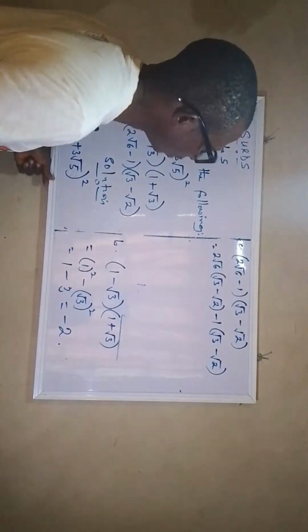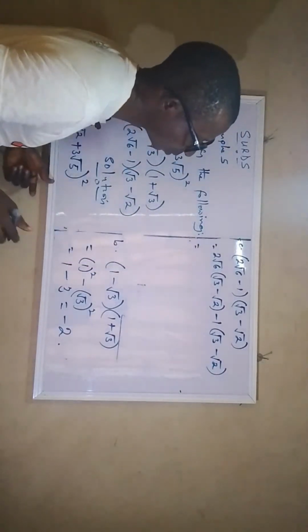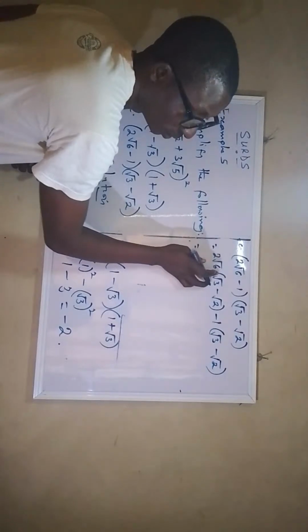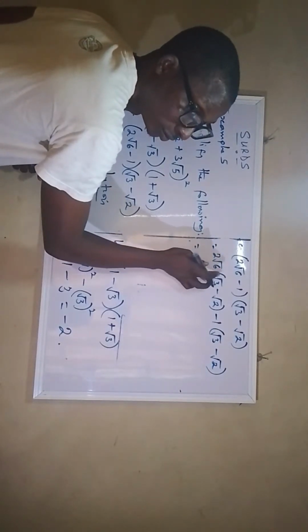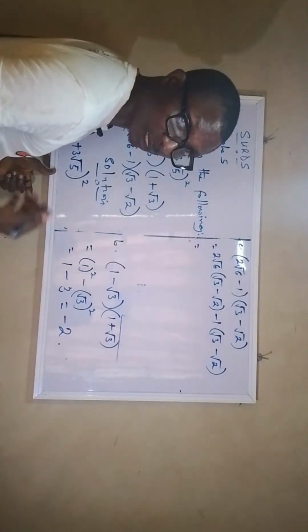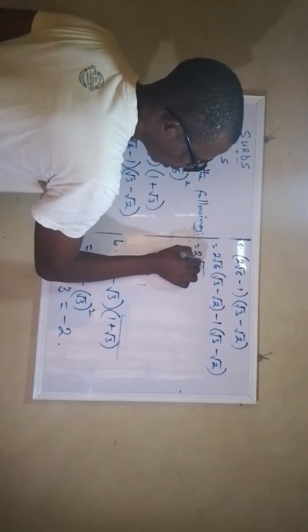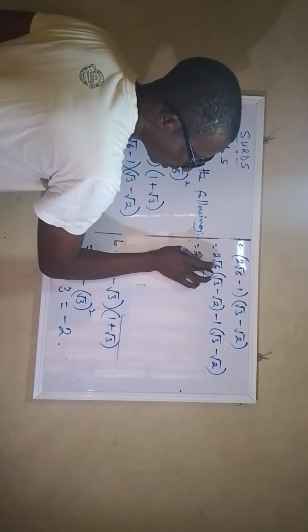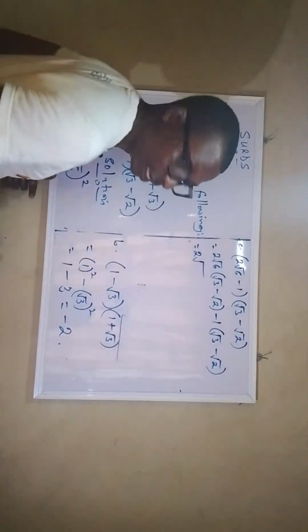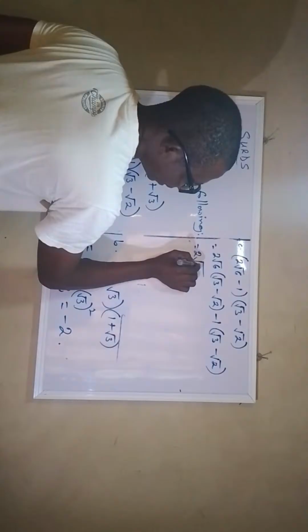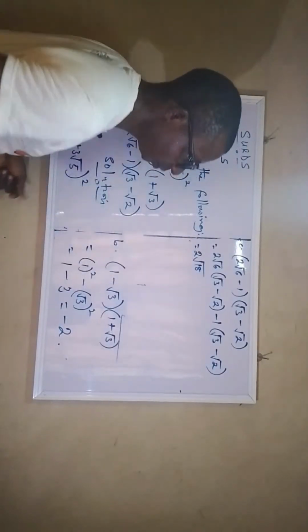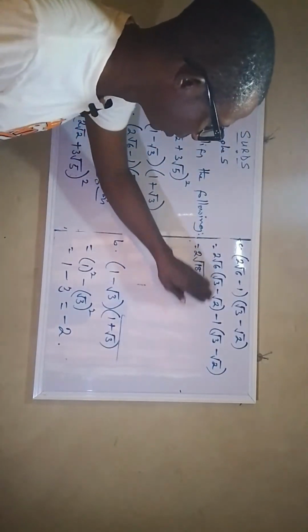Okay, so now let's multiply. Now 2 times 1, because this one is 1. 1 square root of 3 is the same thing as square root of 3. So 2 times 1, that's 2. And square root of 6 times square root of 3, that's going to give you square root of 18. Now use this to multiply this.